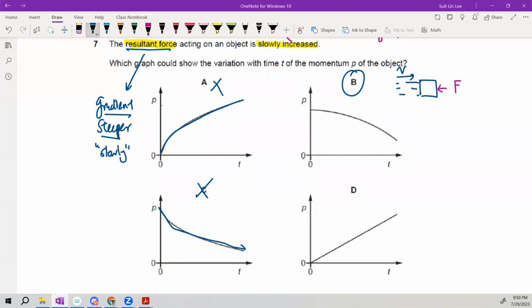And in fact, my force is acting larger and larger in the opposite direction, like I'm pressing a brake harder and harder. So this means the velocity will slow down more and more, drop faster and faster. Just because the resultant force is increasing, it doesn't mean that the momentum must increase.